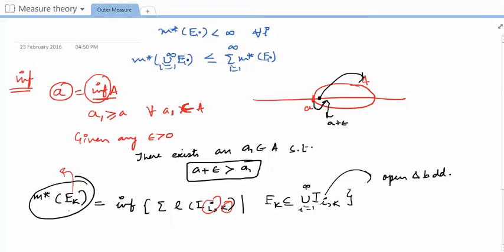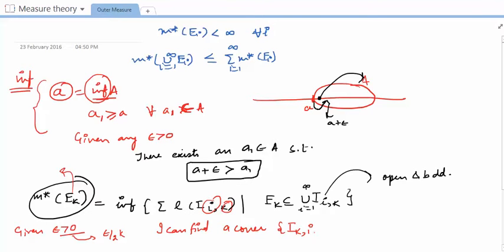Now I'll use this definition of infimum. Given any epsilon greater than 0, I'll change it to epsilon by 2 raised to power k. I can find a cover Iik, i from 1 to infinity, of Ek such that this thing is true. The infimum in this case is M star of Ek, and adding epsilon by 2 raised to power k, it is greater than the summation of the length of Iik.